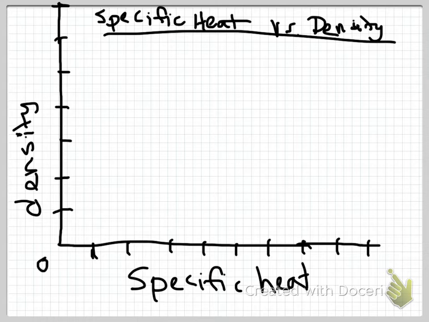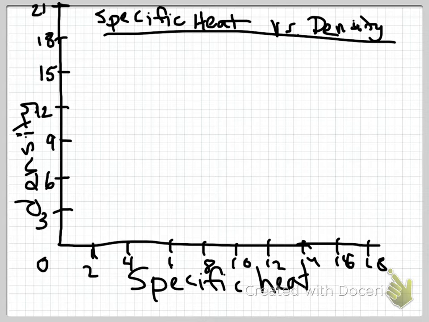So I'm going to count by twos for my specific heat, and I'm going to count by threes for my density. The criteria for the intervals is that they need to cover the entire range of the data. So all of our data points need to be able to fit on our graph, and they have to be equal. If you choose to count by twos, then that entire axis you need to count by twos.